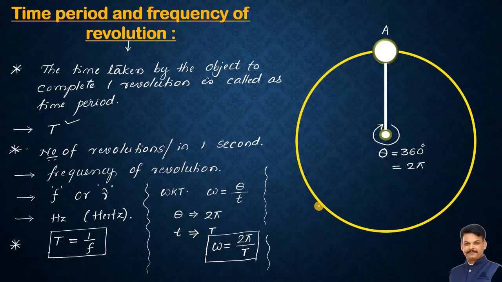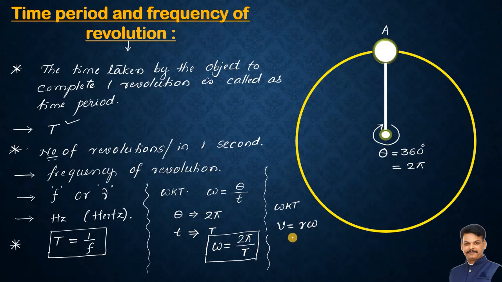Now, how can the linear speed be given? We know from the previous discussion the relationship between angular velocity and linear speed, and linear speed is represented by r omega.